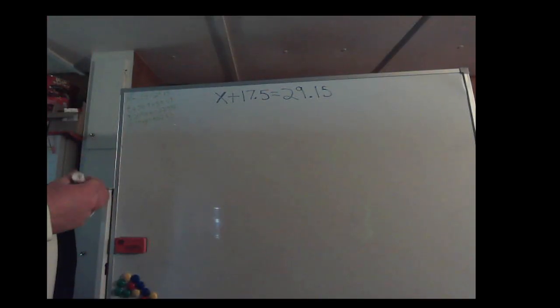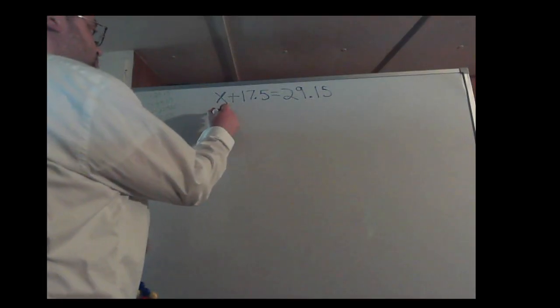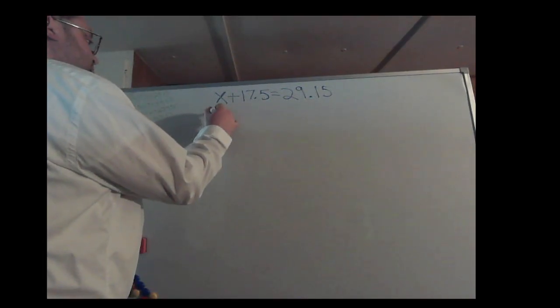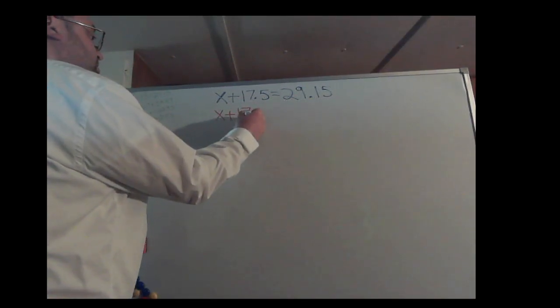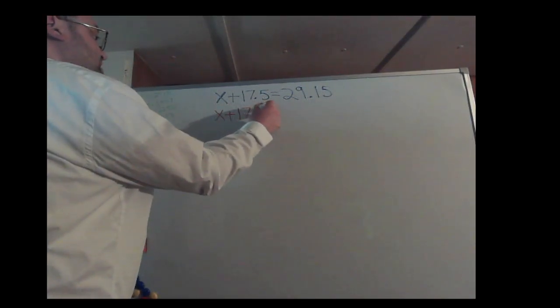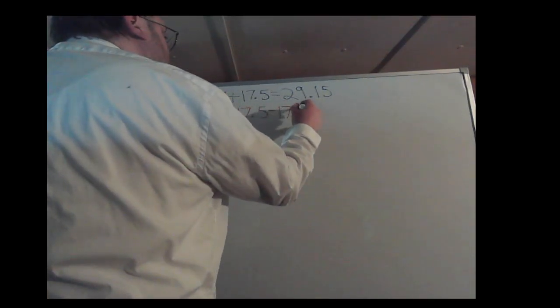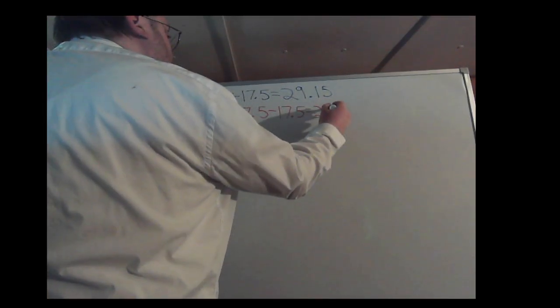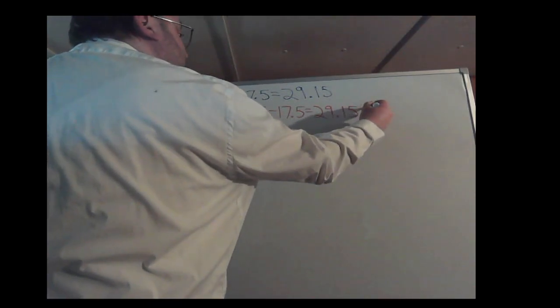the equation. So in order to do that, we're going to have to subtract 17.5 from the side with the x, but what you do to one side, you have to do to the other. So it's going to be x plus 17.5 minus 17.5 is equal to 29.15 minus 17.5.